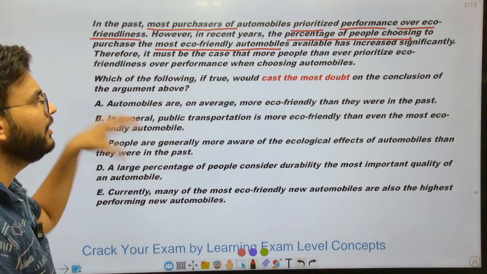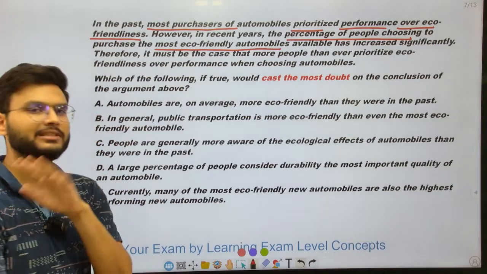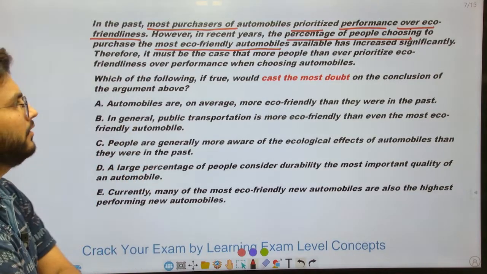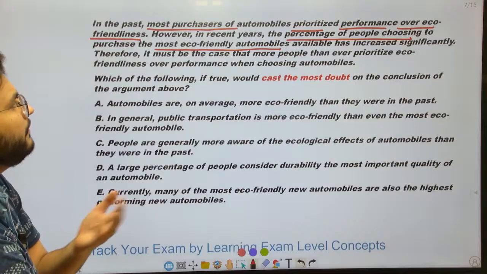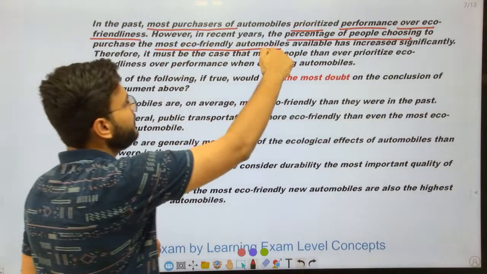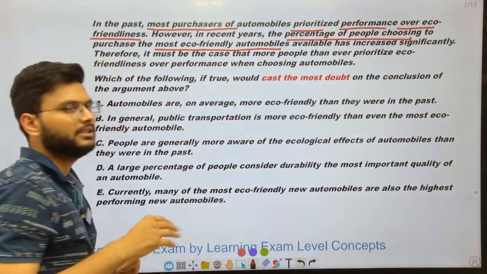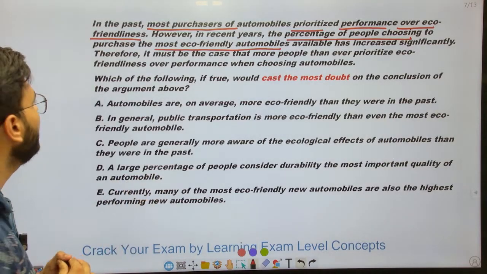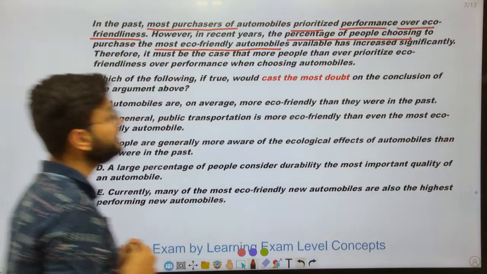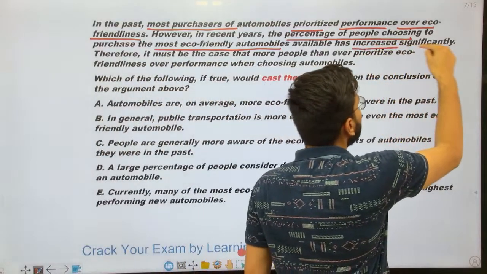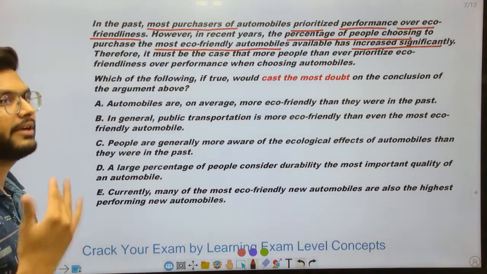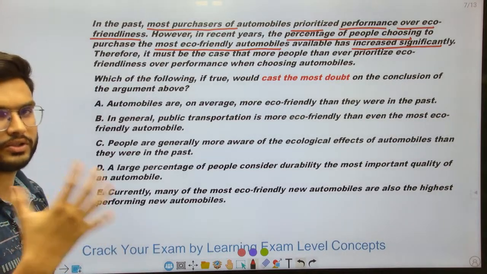But now the percentage of people purchasing eco-friendly vehicles is also increasing. We don't know about the performance, but we know most of the people are purchasing eco-friendly vehicles. And this increment is significant, not 1, 2, 3 vehicles. Significant means majority.